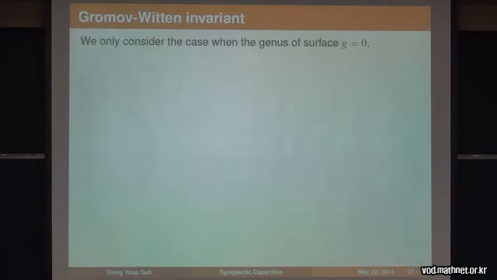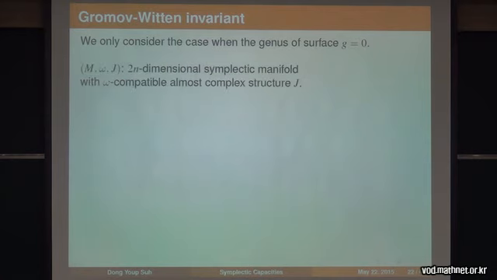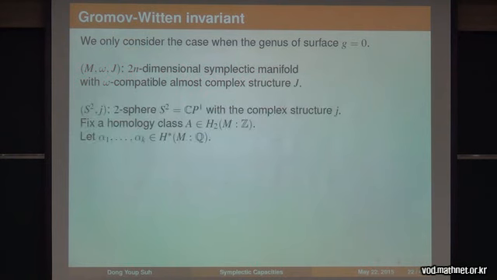Okay, so Gromov-Witten invariant. As I said, (M, omega, J) is a 2n-dimensional symplectic manifold with an omega-compatible almost complex structure J. And I said we are going to consider genus zero surfaces, that means spheres, so I only consider the holomorphic image of a sphere.